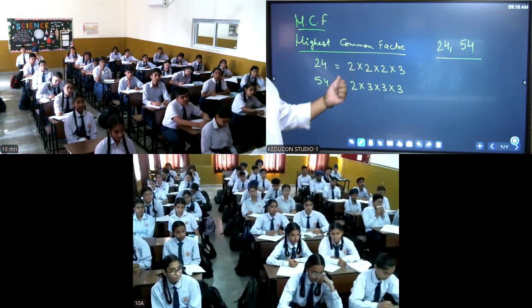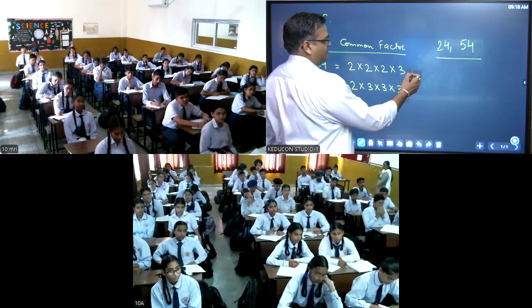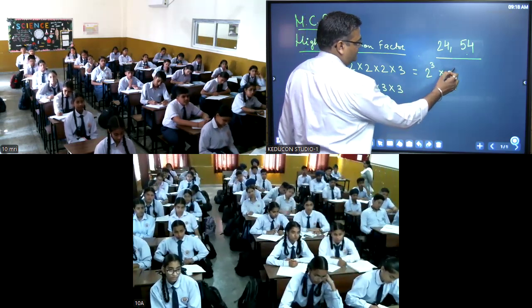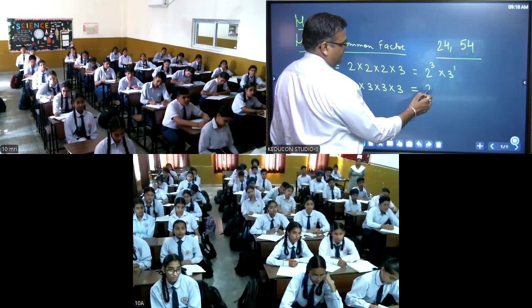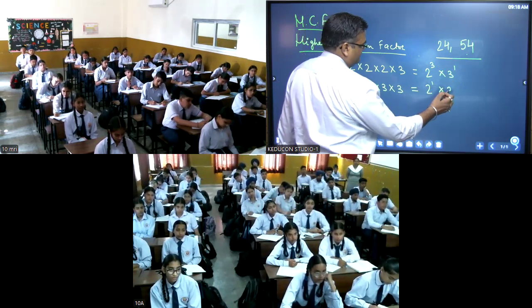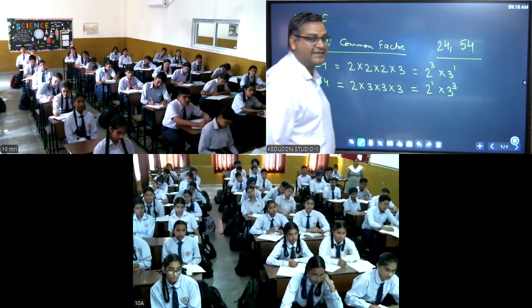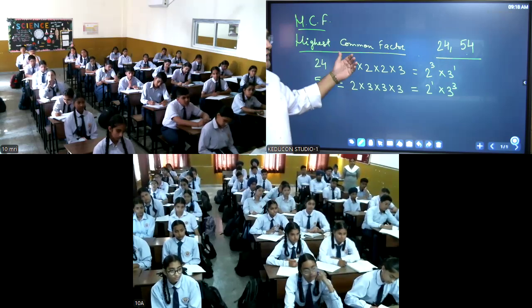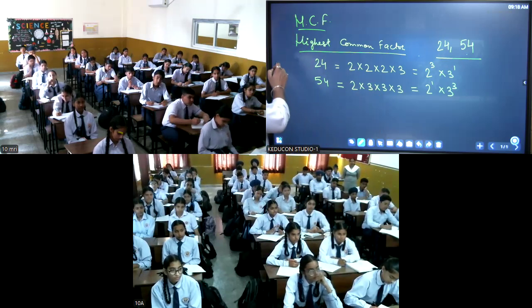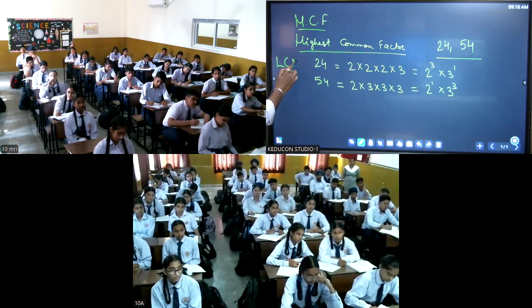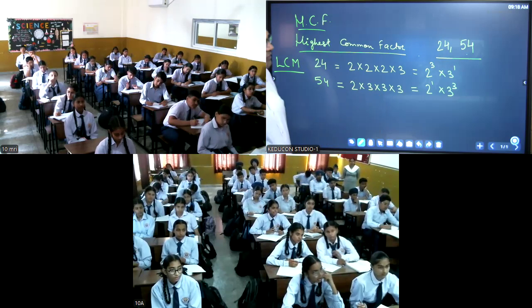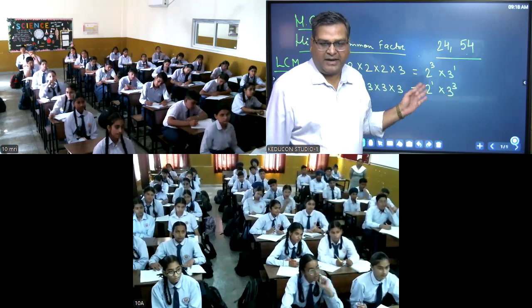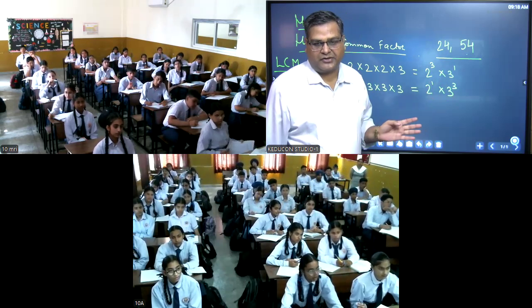Can we write these in the exponential form? Yes. Right? What is here? This is clear, children? Yes. Now, how to find out the LCM of these two numbers? Whatever is the highest power of the prime factors, take the product of that.